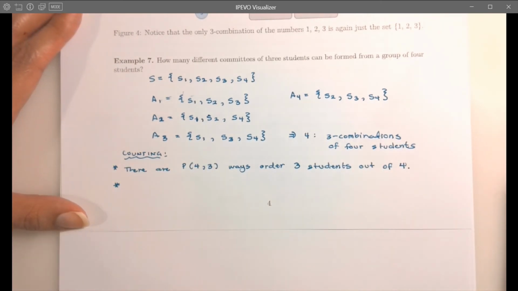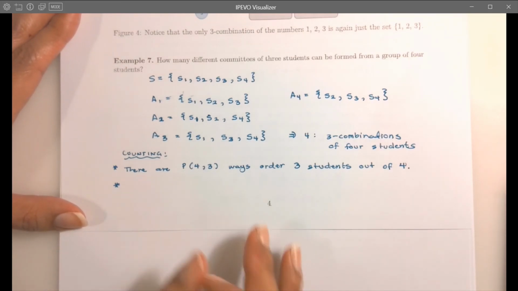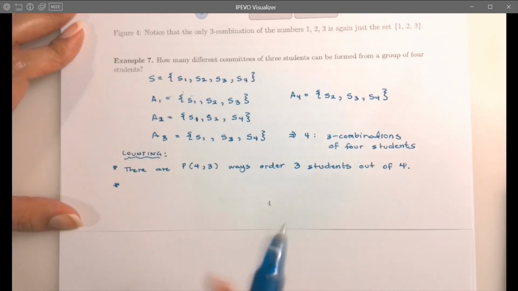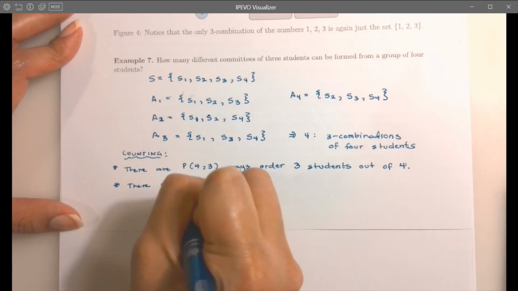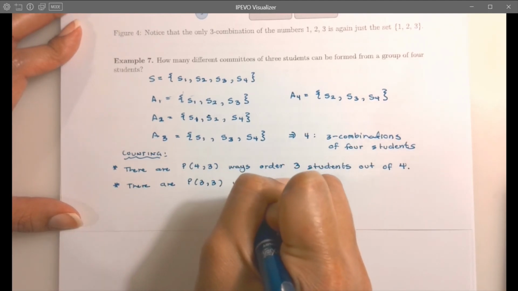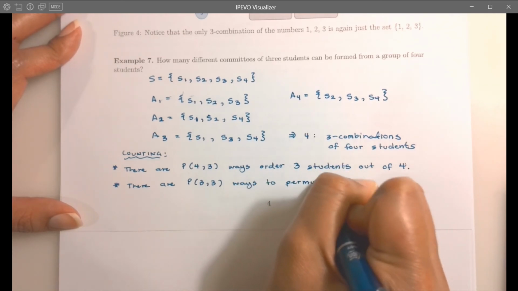But out of these many ways, P of 4 comma 3, we want to divide out the number of permutations that exist amongst 3 elements. So there are P of 3 comma 3 ways to permute 3 elements.